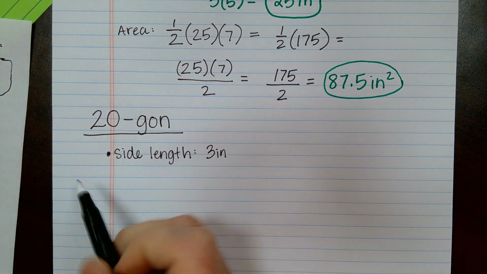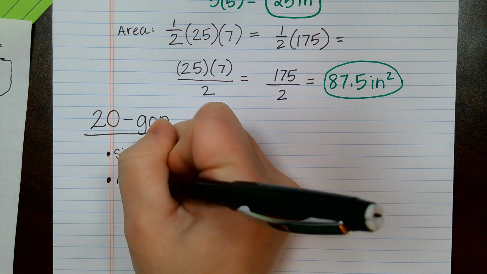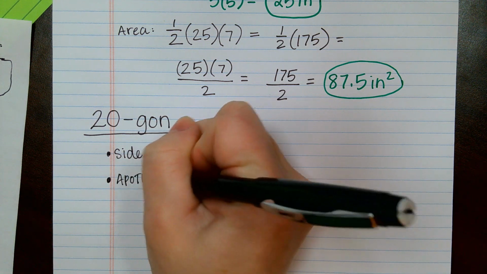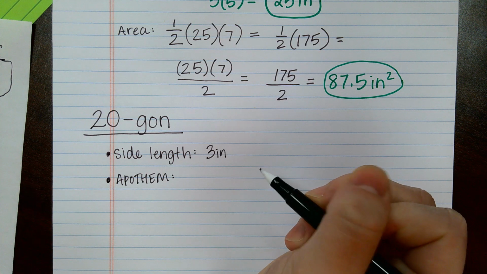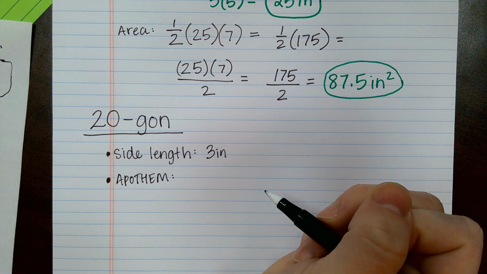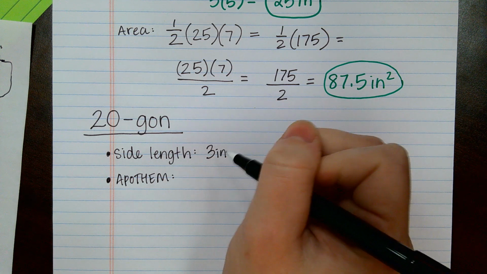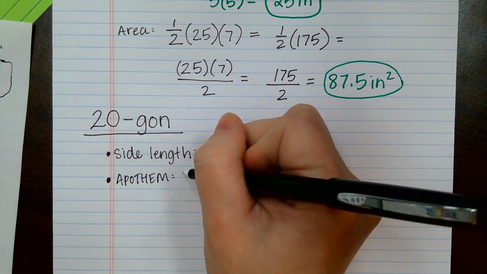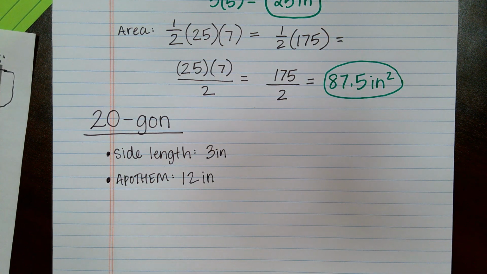And let's say our apothem is, I can't even picture how big that would be. I feel like it would be much bigger. I'm going to go with, my goodness, I don't know, 12 inches. That's probably way off, but the math will still work.